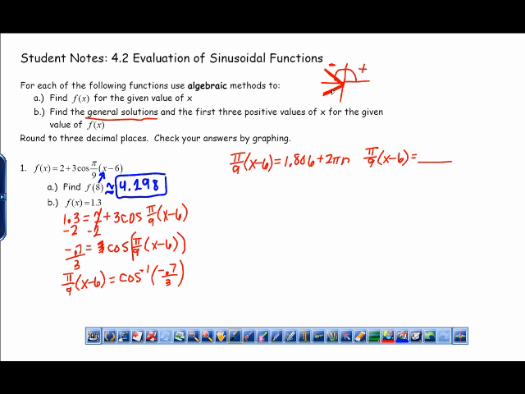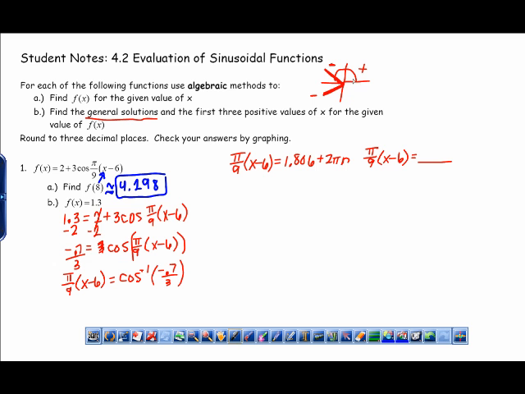Let's think about how we would come up with this. When we were dealing with values that we were very familiar with, it was much easier. Here, it's a little bit trickier to come up with this, but really not that bad if you think about it. Let me switch colors here. So I want to go to quadrant 3.